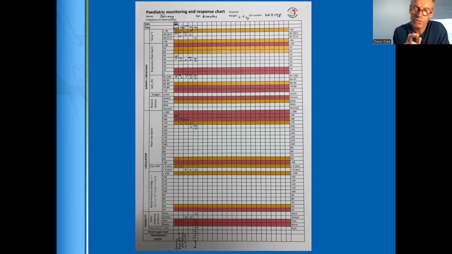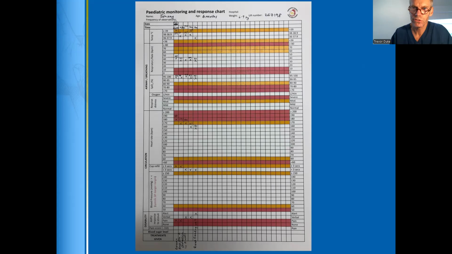If a child's deteriorating, their observations are going into the red zone, then they need to be seen by somebody who has extra skills in the management of critically ill patients, and decide whether the location of management is correct, whether anything needs to change. Are we missing something? Is there a diagnosis we haven't yet identified?